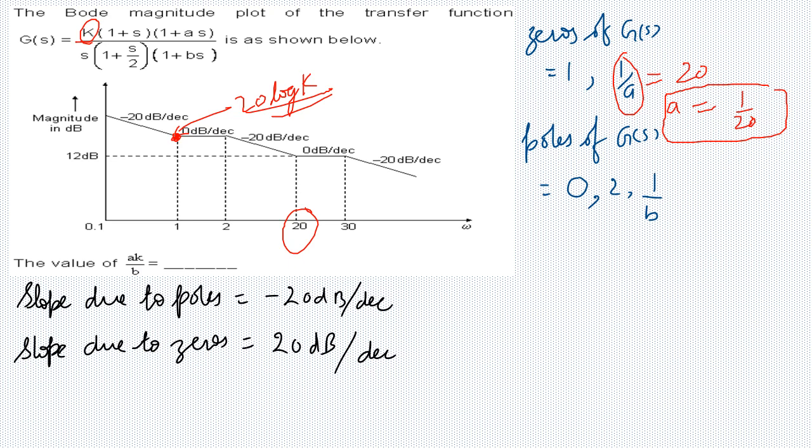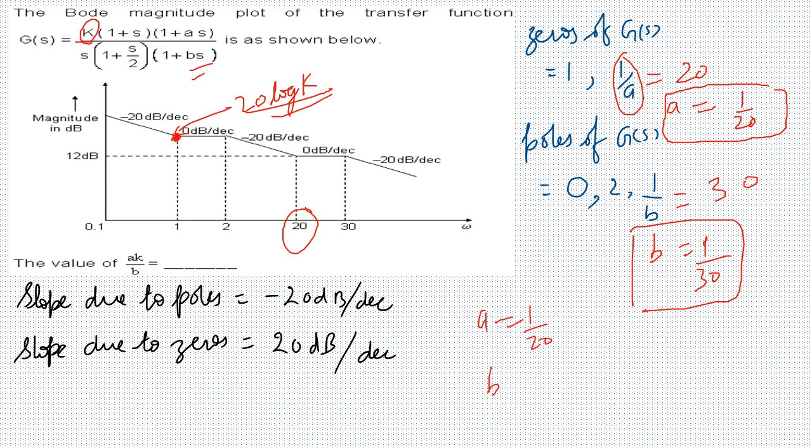Then at 30 radians per second the slope again becomes minus 20 dB per decade, so another pole is located at 30. So 1 by B is 30, and B is 1 by 30. As we summarize, A is equal to 1 by 20 and B is equal to 1 by 30. Both of these have been found.